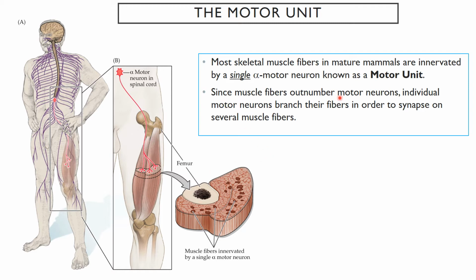Since muscle fibers outnumber motor neurons, individual motor neurons branch their fibers to synapse on several muscle fibers. There are places where we see motor units that synapse onto a single muscle fiber, but the vast majority of motor units will actually synapse onto multiple muscle fibers.